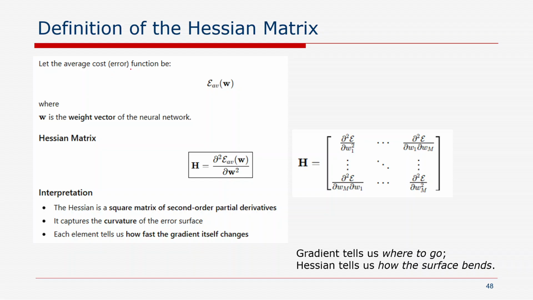Let the average cost or the error function be given by E_AV of W, where W is the weight vector of the neural network. Hessian matrix is the second order partial derivatives of the error function with respect to the weights.